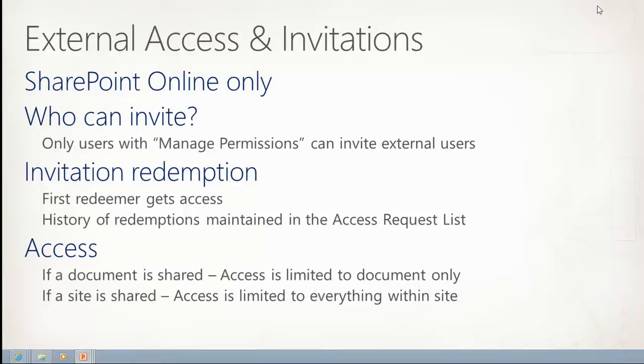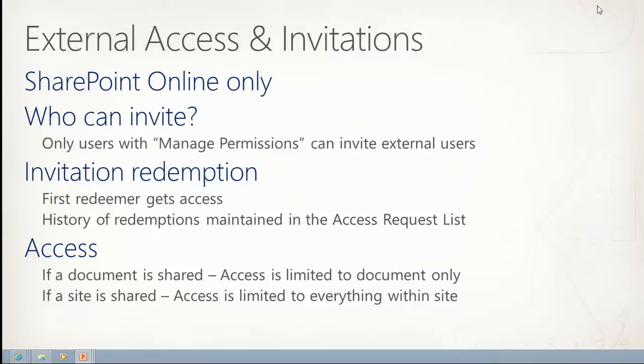Invitation redemption. So this is a very important point. I'm going to spend some time here. When I invite someone external, the person gets an email, and there's a link in the email for accepting the invitation. When the user clicks on it, there's sign in and all that happens. But let's say I share this with Mary. She's an external user, mary@gmail.com.